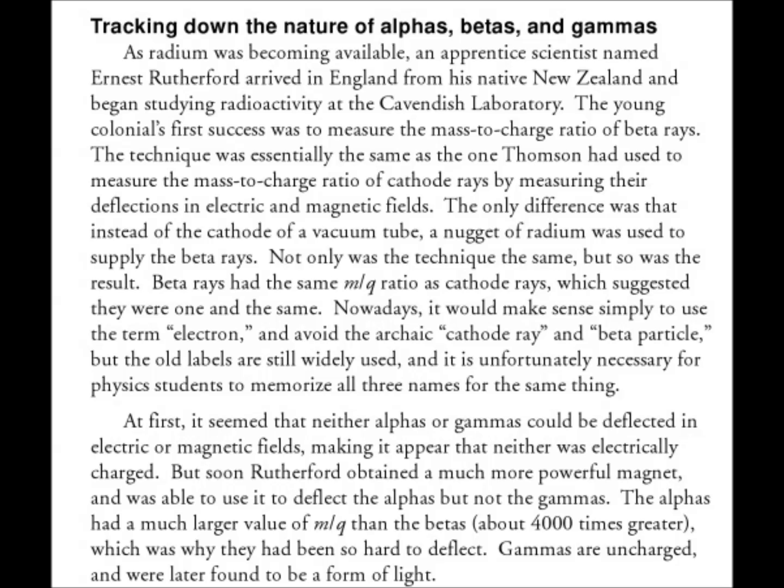The only difference was that instead of the cathode of a vacuum tube, a nugget of radium was used to supply the beta rays. Not only was the technique the same, but so was the result. Beta rays had the same m to q ratio as cathode rays, which suggested they were one and the same.